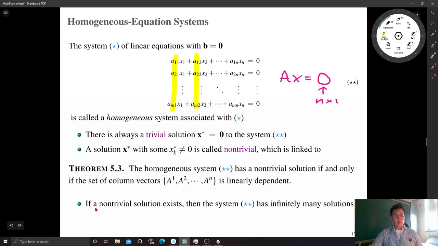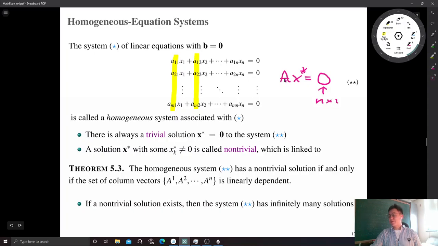And one more thing we have to notice is, if a homogeneous system has a non-trivial solution, so there is a non-zero vector x star satisfying this equation, then any scalar multiple is going to satisfy this equation as well. Say 2x star and 3x star, because they are scalar multiples, it does not affect the right hand side.